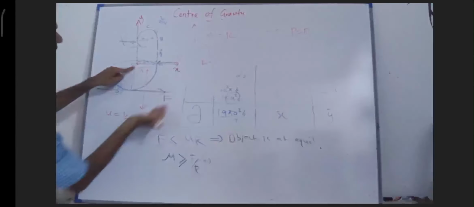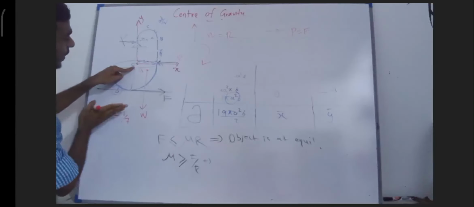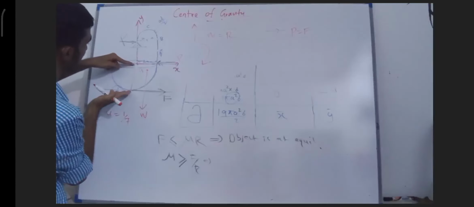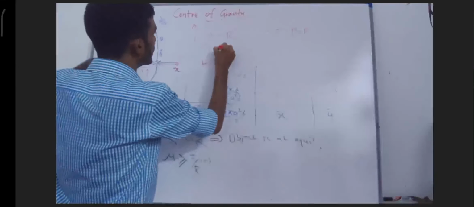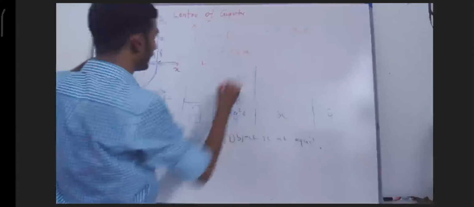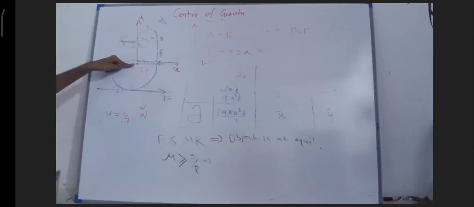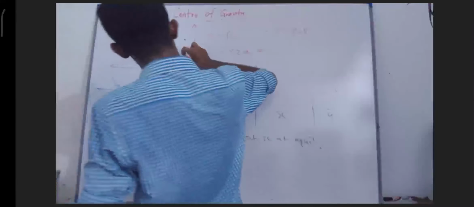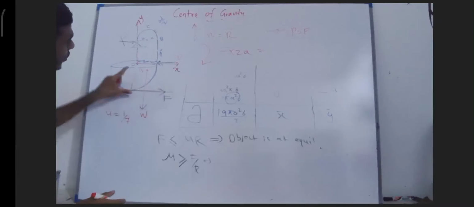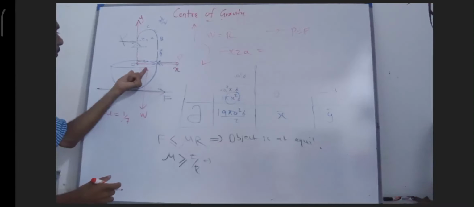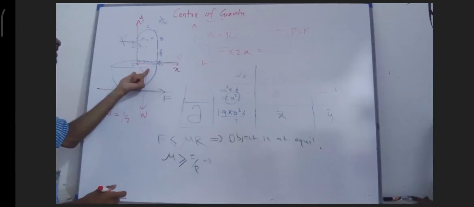Now clockwise and anti-clockwise forces are exerting. So F into this length, which is 2A. F into 2A is equal to W into, we have found out this component, that is 5 by 19A if I am not wrong.